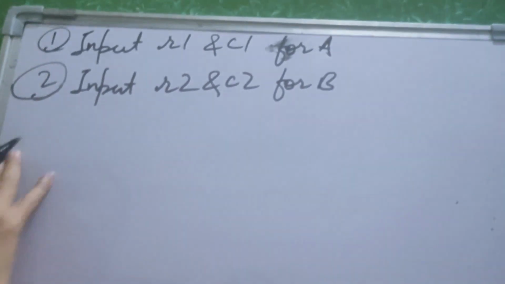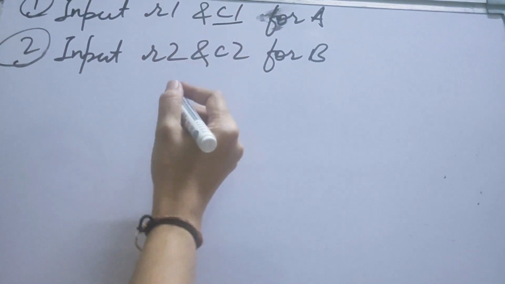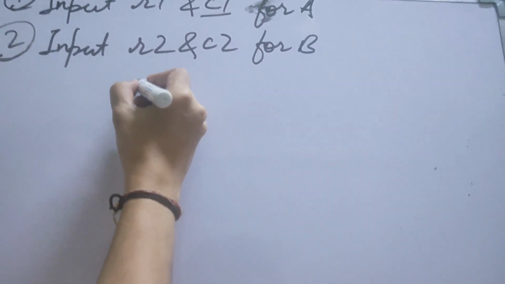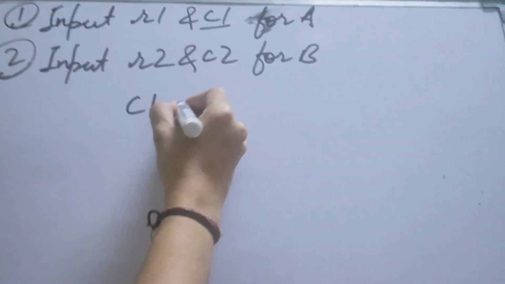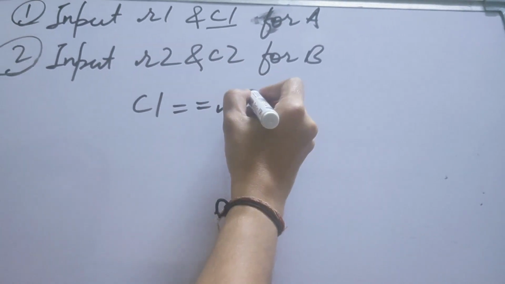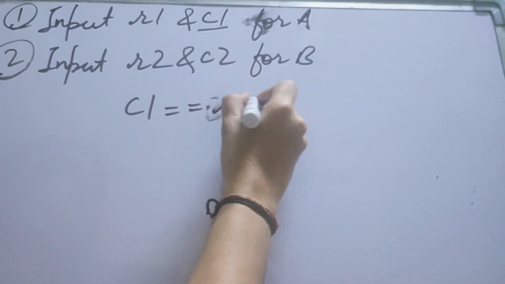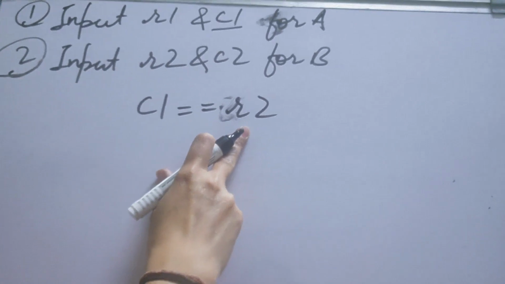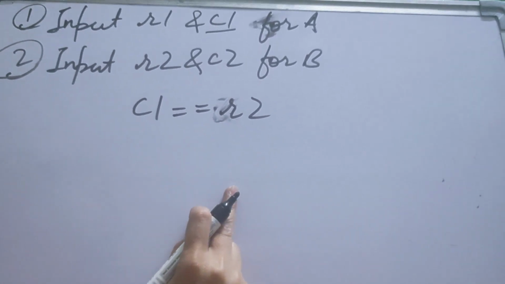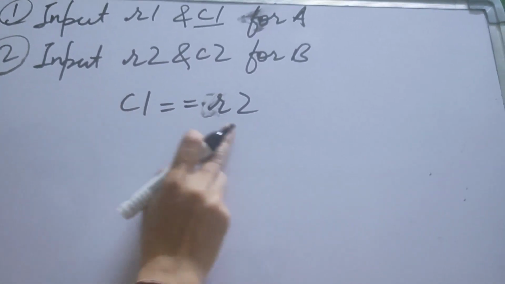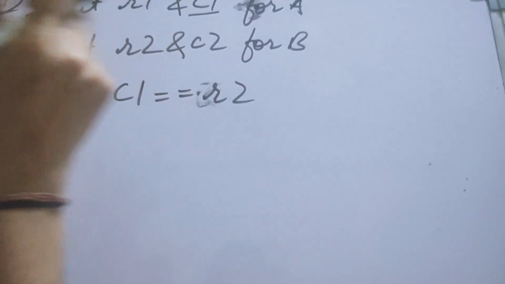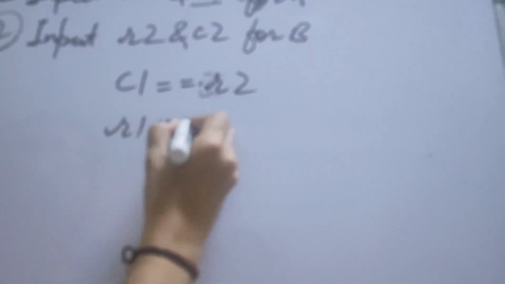Then for multiplication of matrices, what will we check? Column of first matrix equals row of second matrix. C1 equals R2, then only multiplication is possible. If this condition is not satisfied, then multiplication is not possible, and the resultant will be in R1 into C2 form.